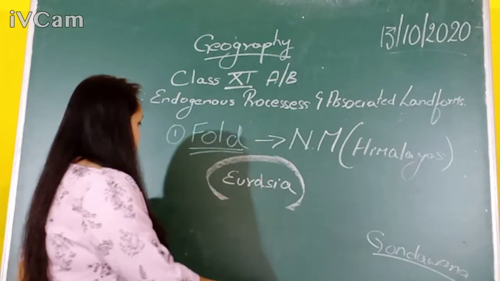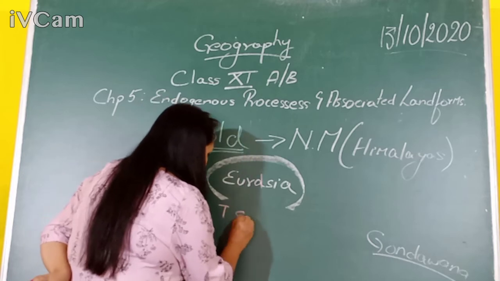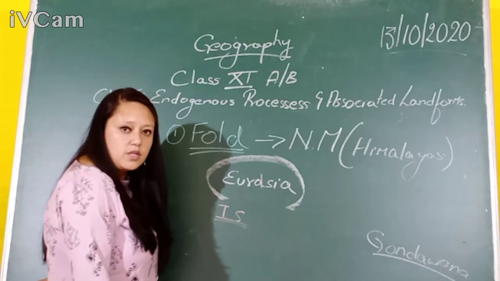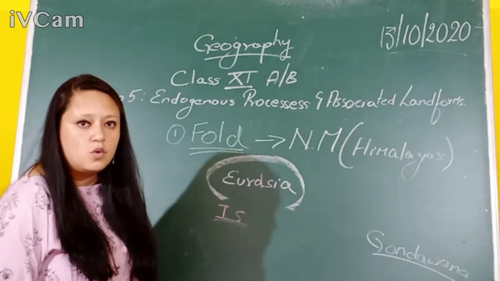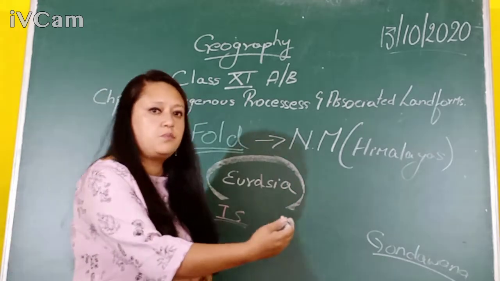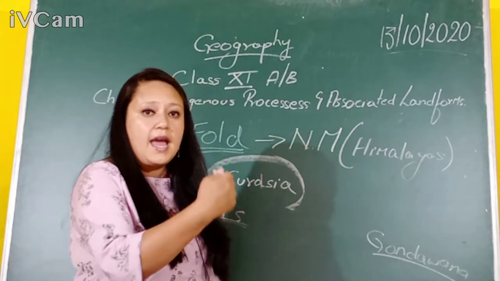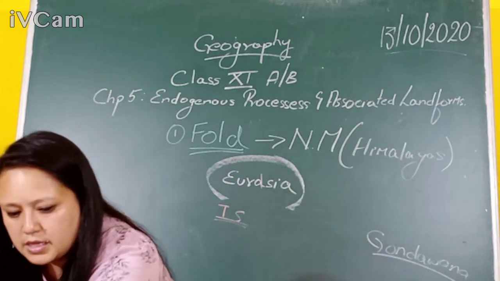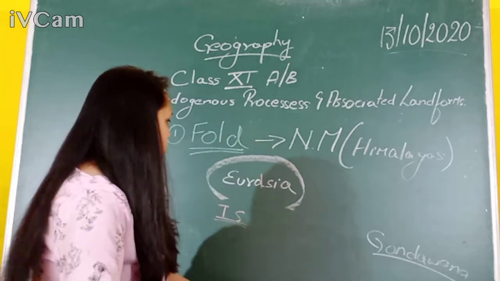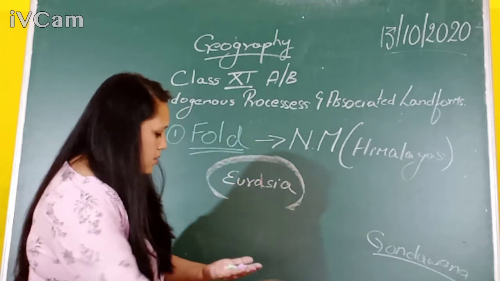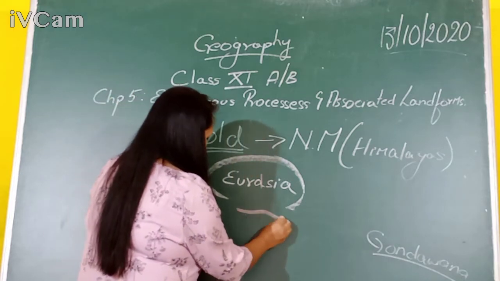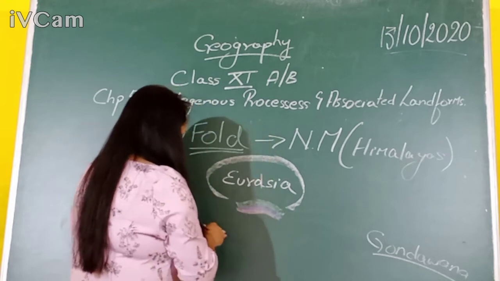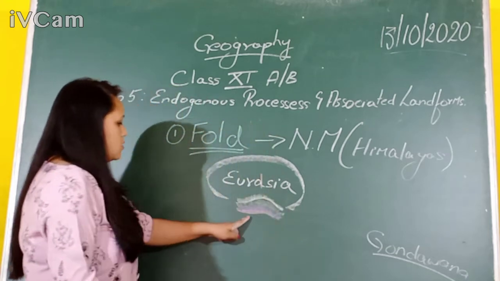Before that, like I said, the Tethys Sea was present, and its depth was very shallow. You know that rivers and seas bring down sediments, and these sediments are deposited on the riverbed. Because of the erosional forces, lots and lots of sediments were being deposited, and lots of different layers were formed.